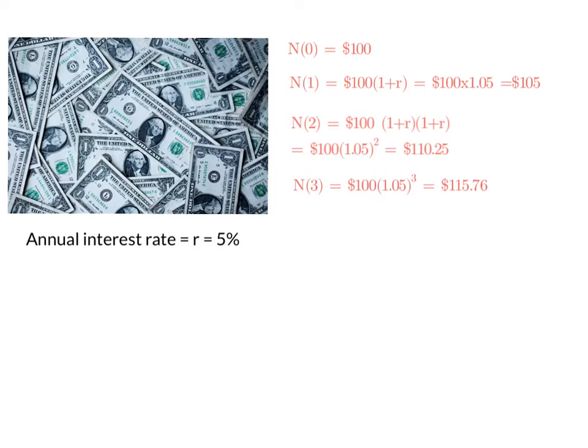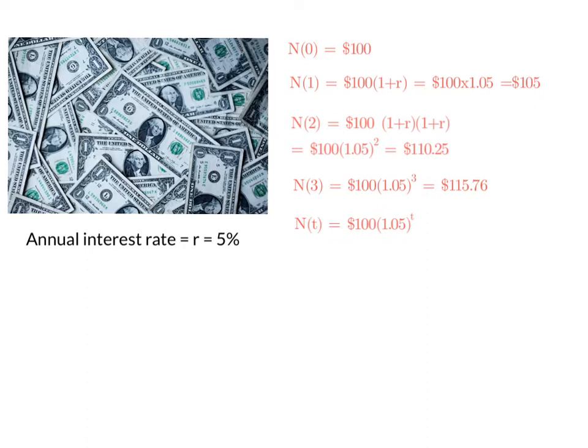Again, let's say you reinvest $110.25 for a third year. Well, at the end of the third year, you get $110.25 times 1 plus R, or in other words, 100 times 1.05 cubed, or $115.76.